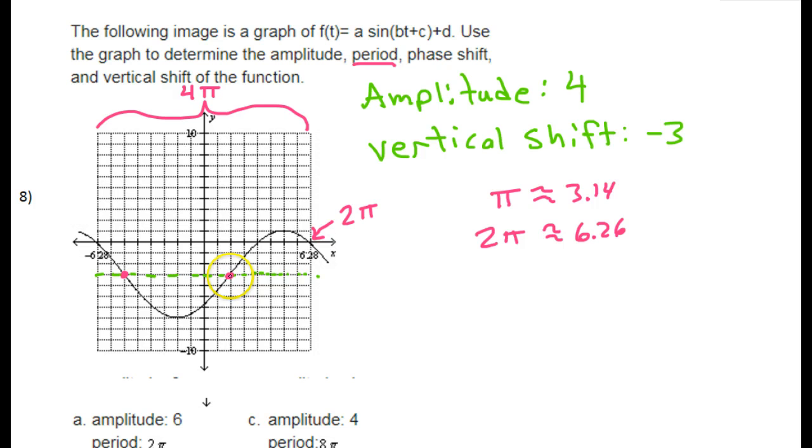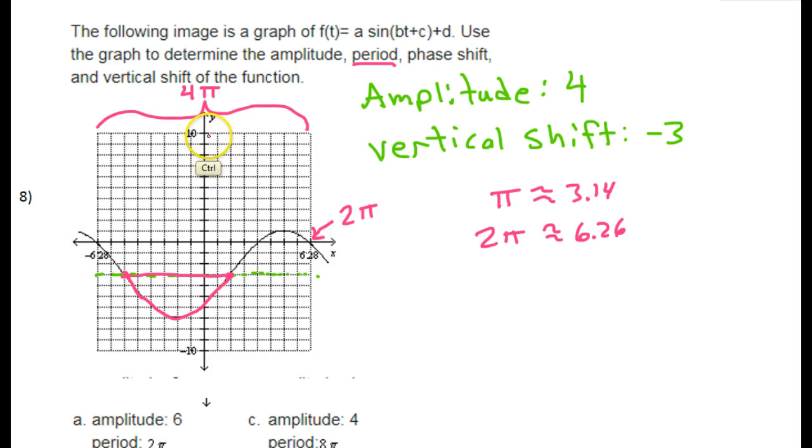So from here to here, this portion of the graph right here is exactly half of the period. So whatever this distance is, if I just double it, that should be the period. Now if I count the squares, this is 1, 2, 3, 4, 5, 6, 7, 8. That's 8 little squares.